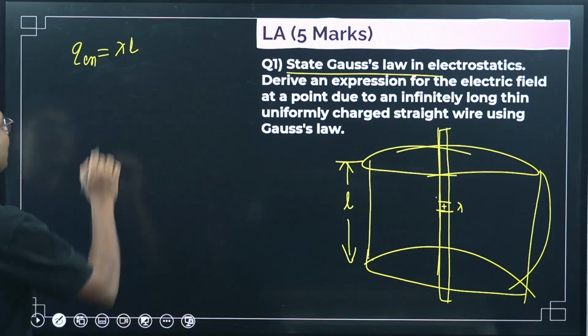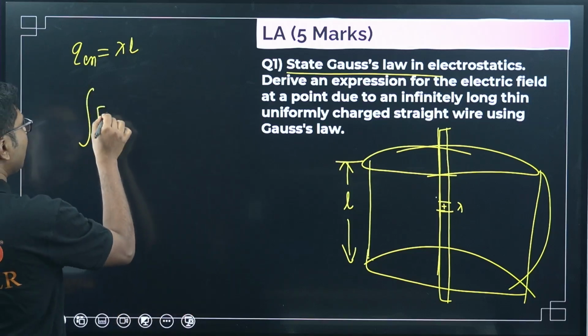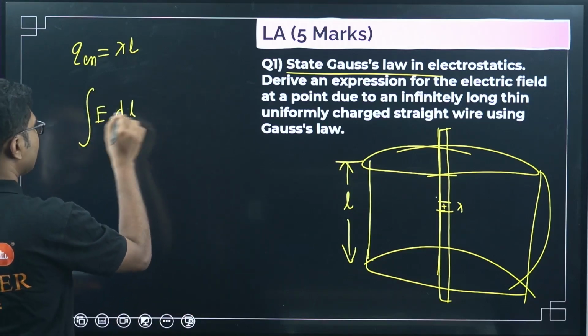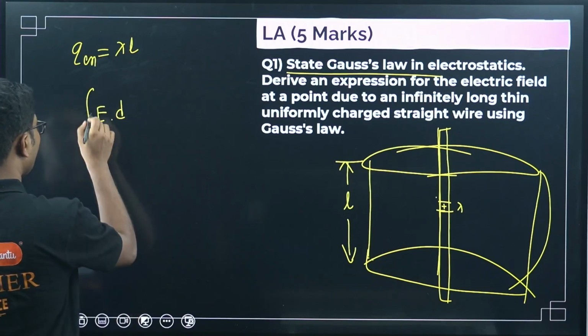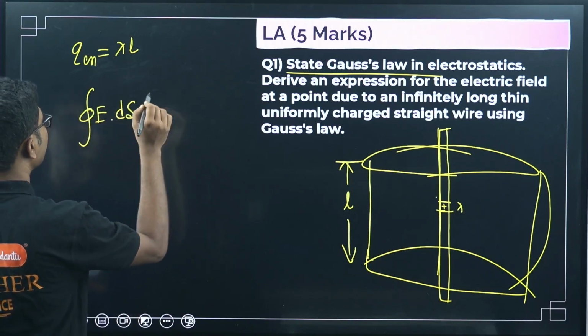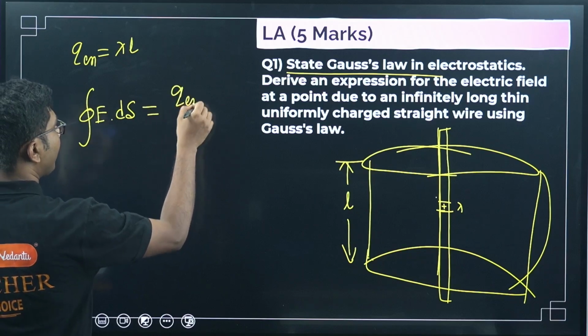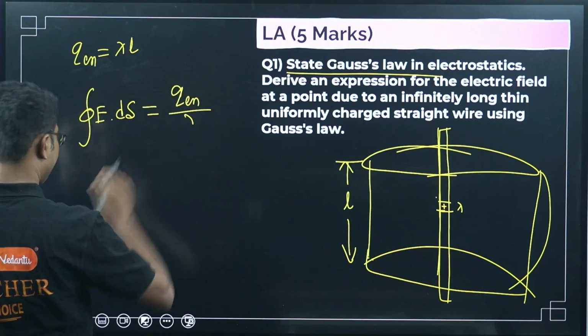Now you have to use Gauss's law: the closed surface integral of E dot ds is equal to Q enclosed divided by epsilon naught.